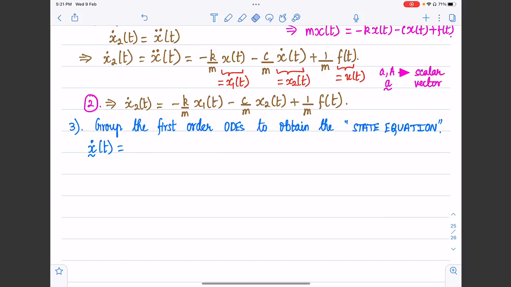If I put a tilde underneath a lowercase quantity, I am representing a vector. On the other hand, if I put a tilde underneath an uppercase quantity, I am representing a matrix. So this is the notation we will be following in this course, and even in the subsequent course on automotive control.